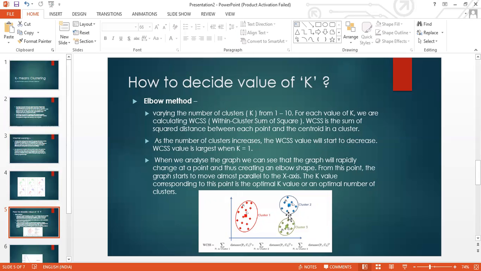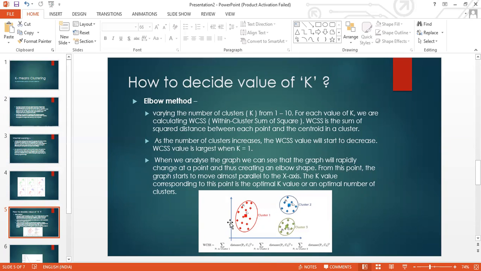So the distance between the points and the centroid will decrease a little bit. Then the summation of all this distance will be written here. Again, we will try to create three clusters, and we'll again calculate the distance between the centroid and the data points, and then we will add all of them, and we will get our WCSS.